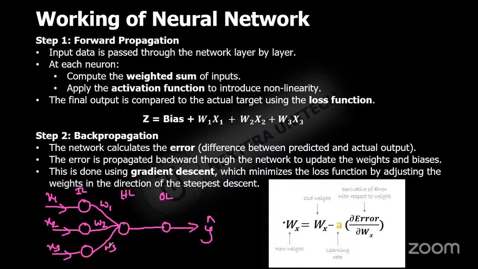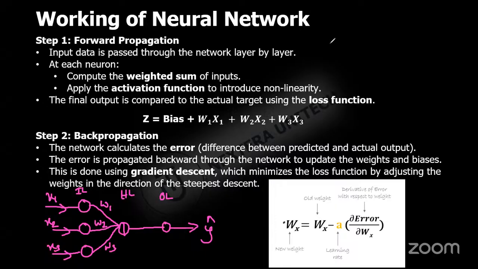W1, W2, W3 are weights. Each connection between the neurons has weights. How are they initialized? They are initialized randomly.